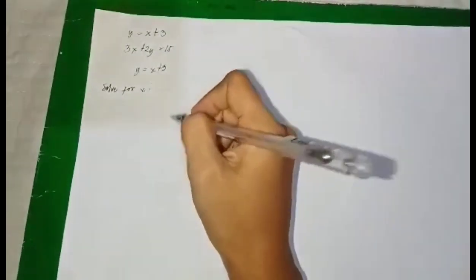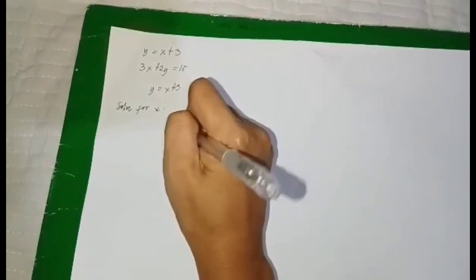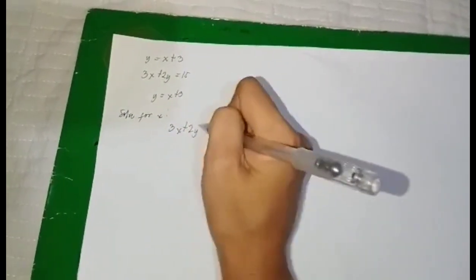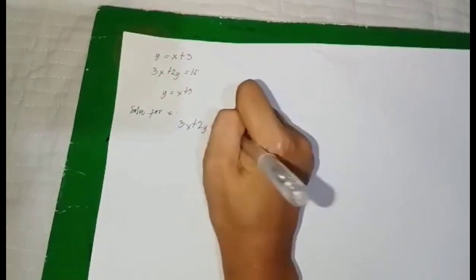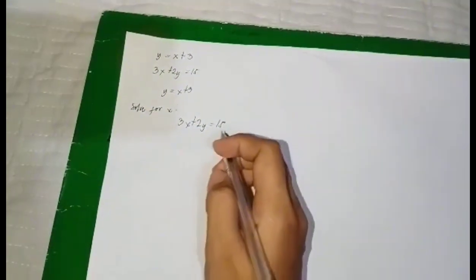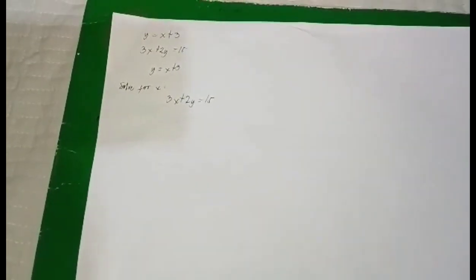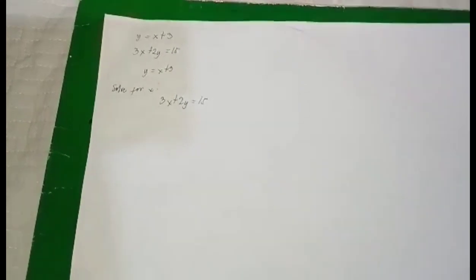So, the x here is in 3x plus 2y is equal to 15. Then, step 2, substitute the equivalent equation to the alternate equation.